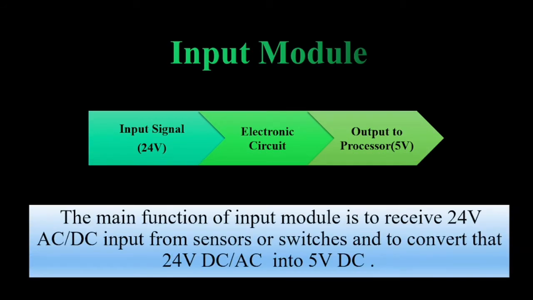The main function of the input module is to receive 24-volt AC or DC from input devices such as sensors or switches and to convert the 24-volt AC or DC into 5-volt DC.